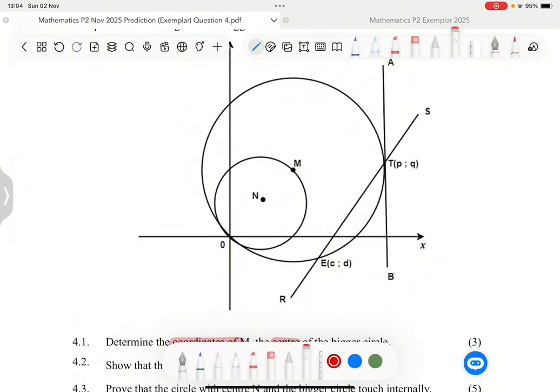One way is to notice that where these two circles touch each other, they have a common point. That means you can take the equation of the small circle and the equation of the big circle and solve them simultaneously. You should get two equal roots, two answers that are the same. In this case, they're going to be 0, 0 when you solve those two equations simultaneously. And from there, you can conclude that those two circles touch internally.